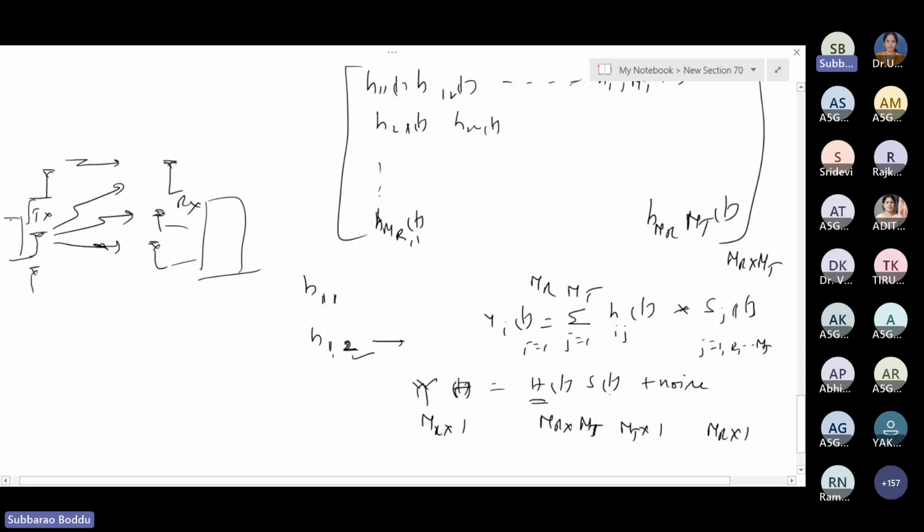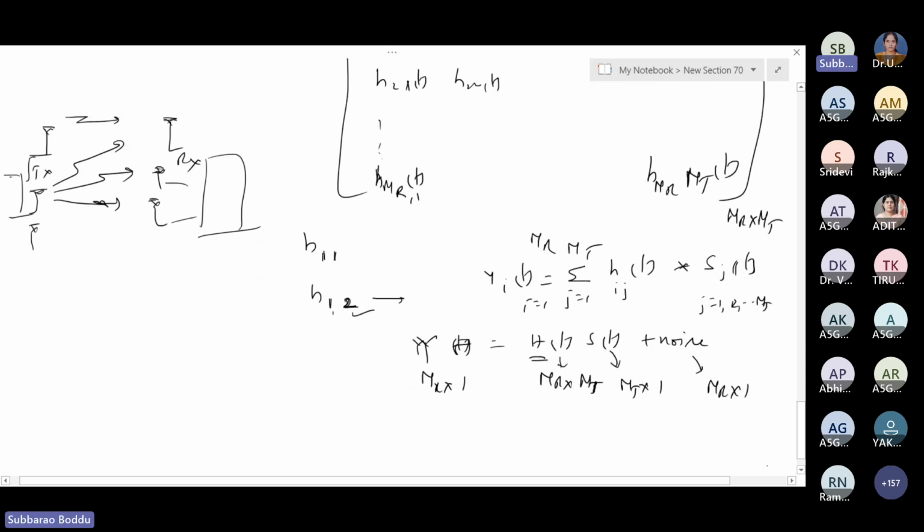So this is about the simple MIMO channel expression.